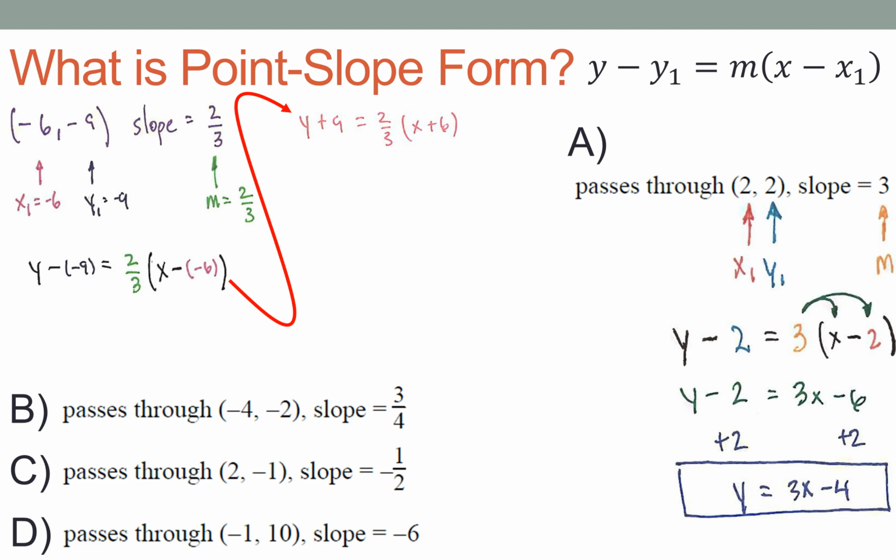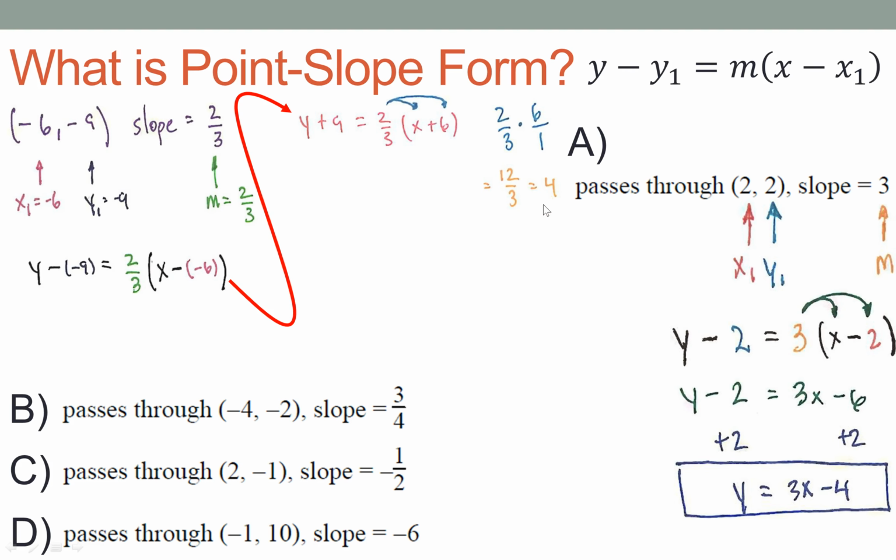This means I can distribute 2/3 times x and 2/3 times 6. Multiplying a fraction by a whole number, I multiply straight across: 2 times 6 is 12, 3 times 1 is 3, and that is equal to 4.